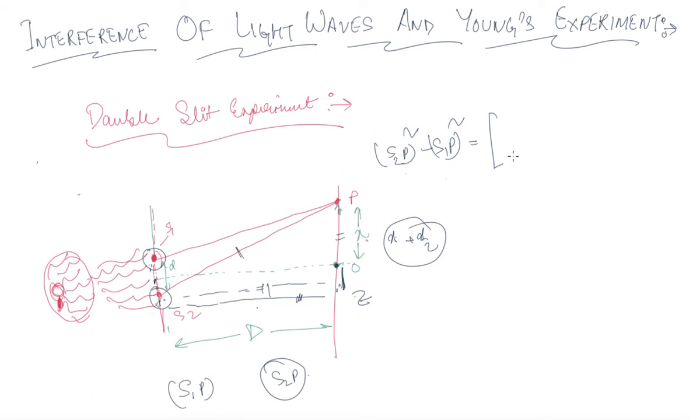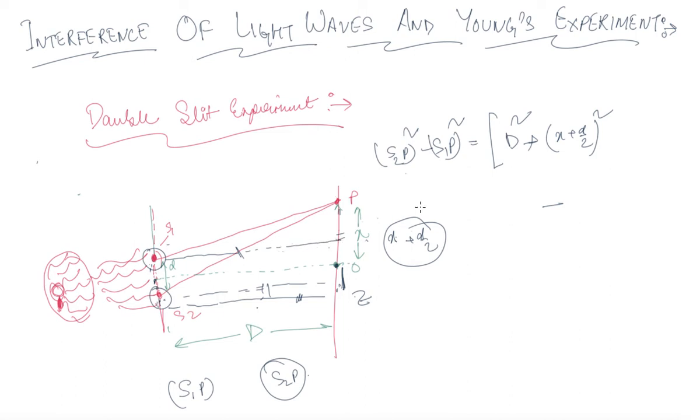So this particular length is given by a square plus b square. So B square over here is x plus d by 2 whole square, minus S1P. If I'm talking about S1P, I'm talking about this length.